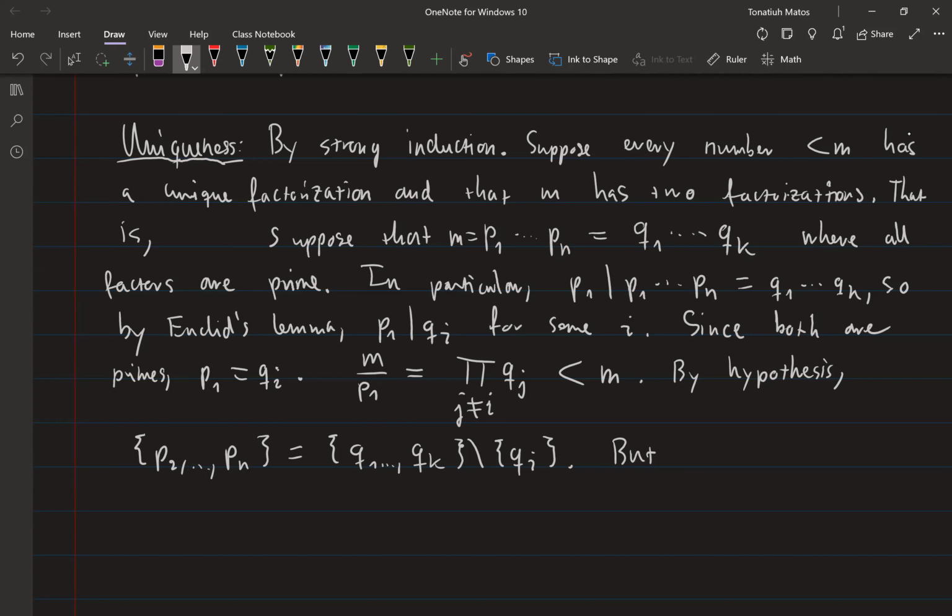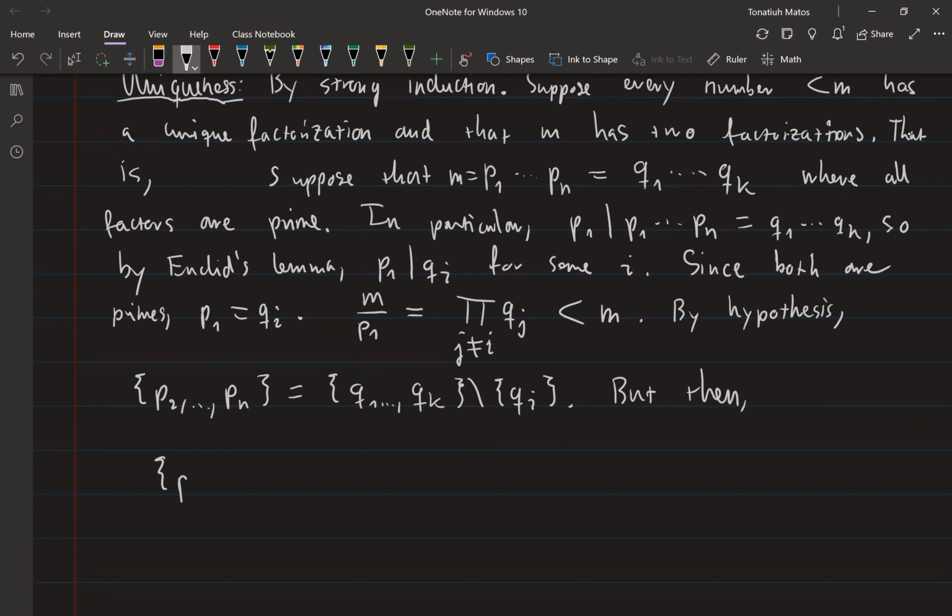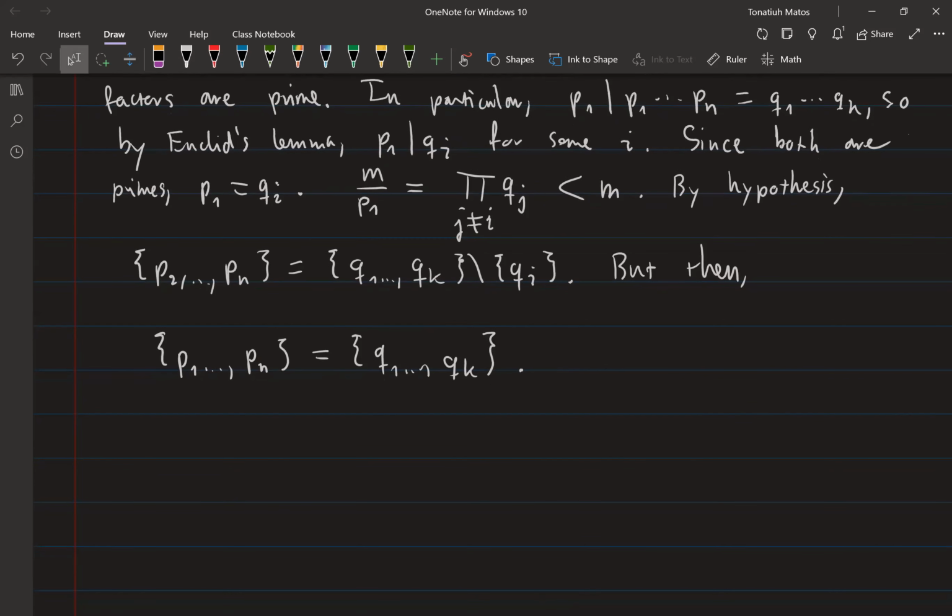But then if I add it back, every prime on the left is some prime on the right. And analogously, every prime on the right is some prime on the left, right? So what I'm saying is all these primes are the same, just maybe written in a different order. I don't know if P1 is going to be Q1, maybe it's Q18, but some reordering might be necessary.